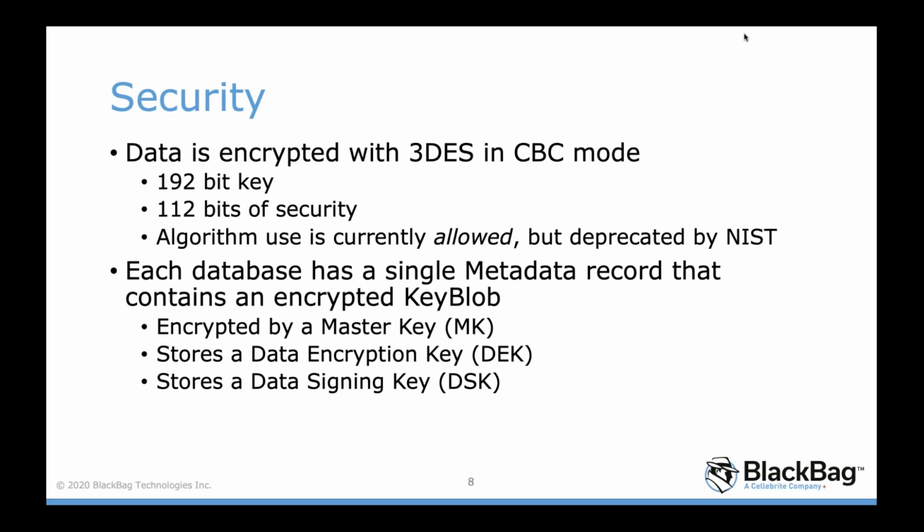And then there's also a data signing key, which is used to sign the data. That way, after you decrypt it, you can verify the digital signature on it to make sure that the decryption operation happened successfully. These two keys are stored encrypted in the key blob, and they are encrypted by what's called a master key.